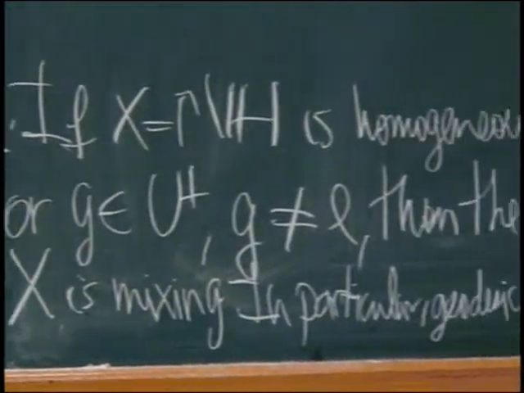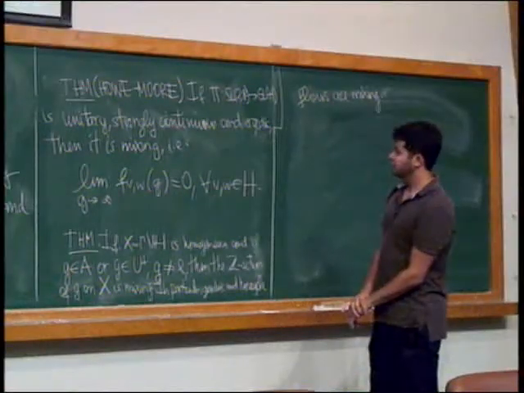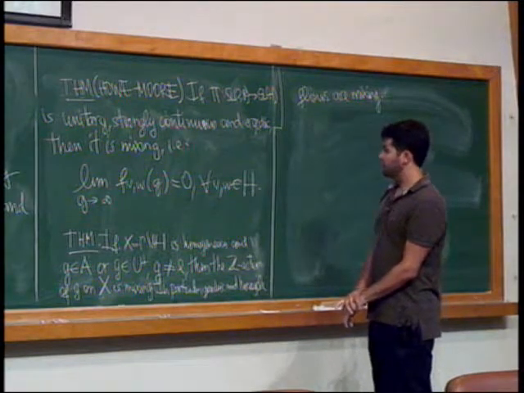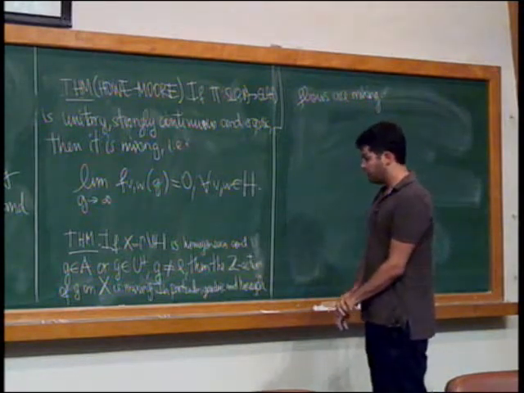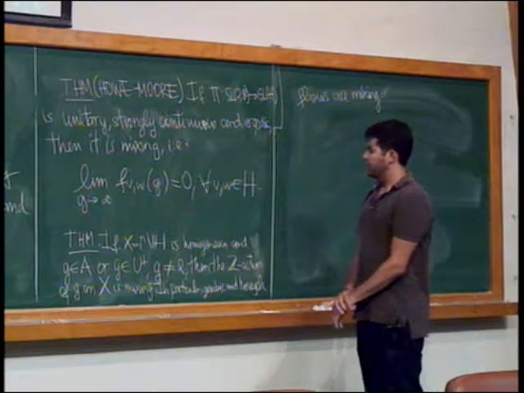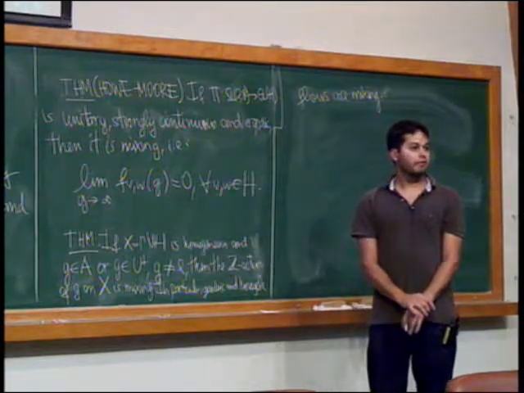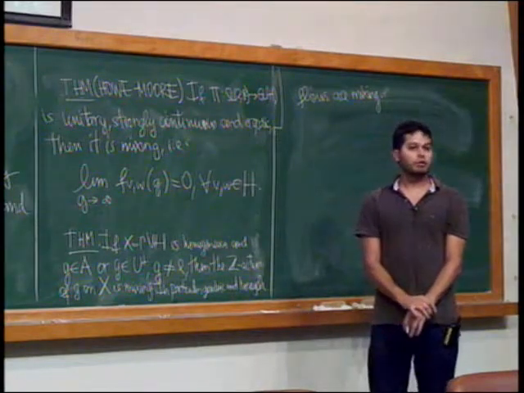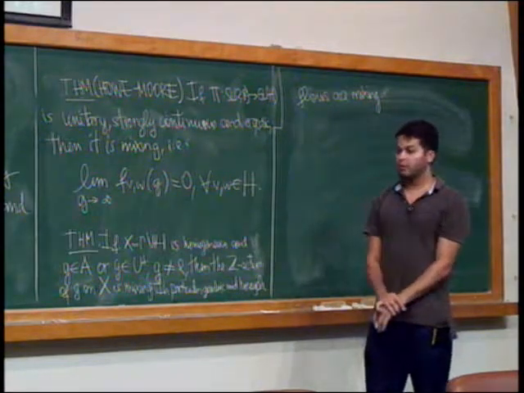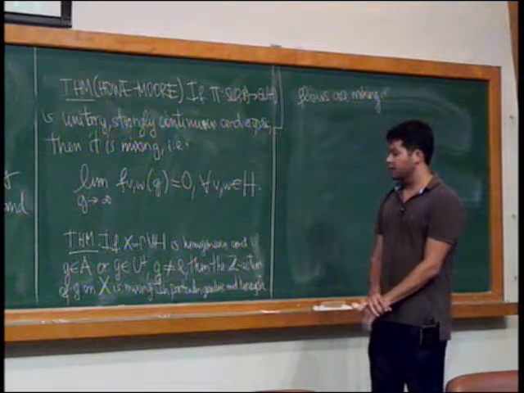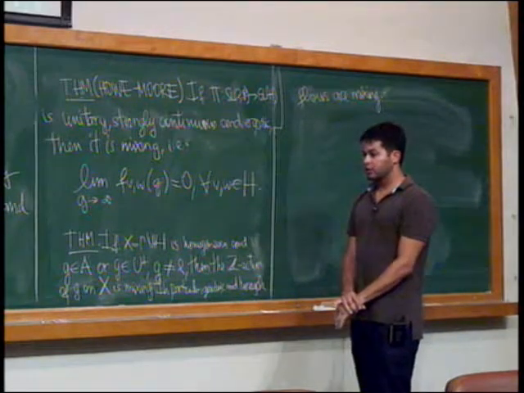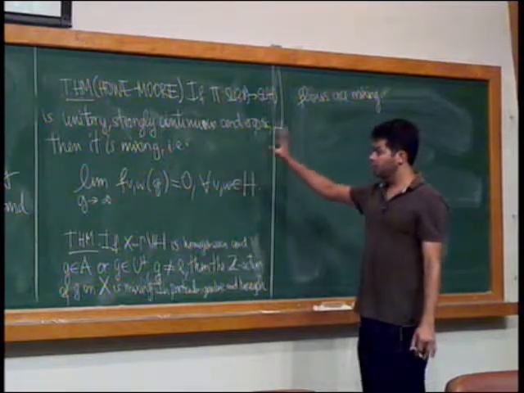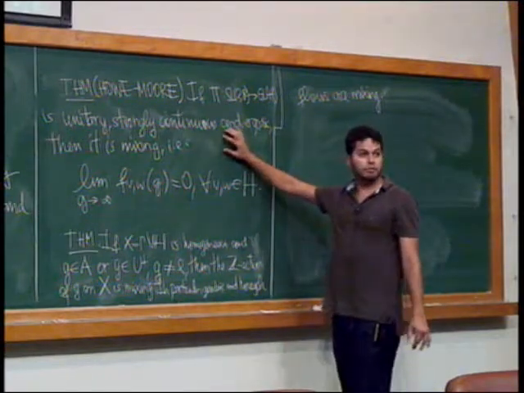Unfortunately, I didn't have time to prove Moore's theorem. I don't know where my head was when I thought that I would prove Moore's and Furstenberg's theorem. But you can check the lecture notes, which have the proof of Moore and the proof of Furstenberg's. Maybe tomorrow, depending on the way that I organize the talk, I'm going to talk a little bit about the proof of this theorem.